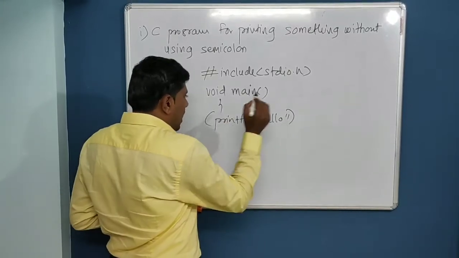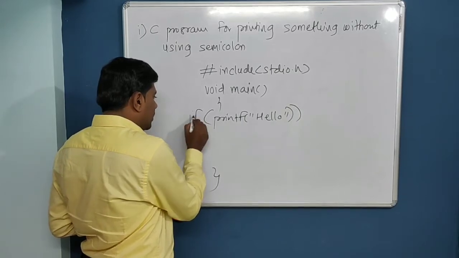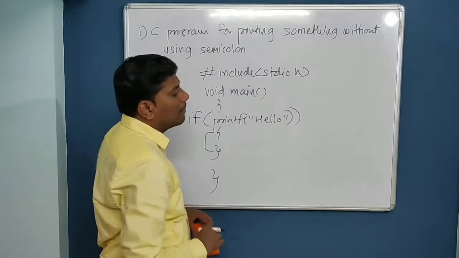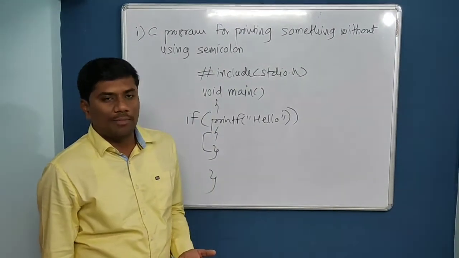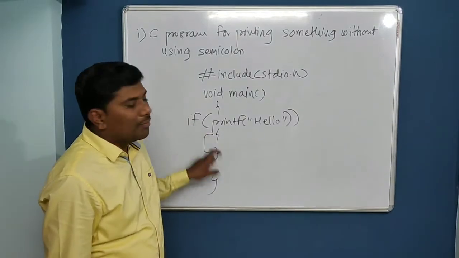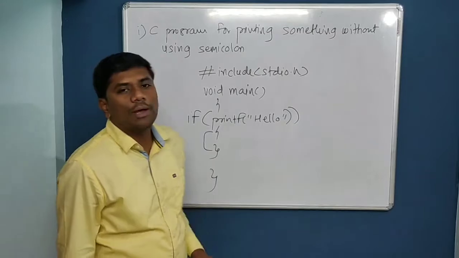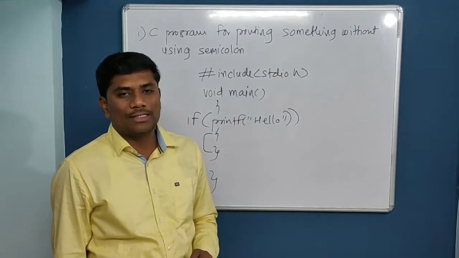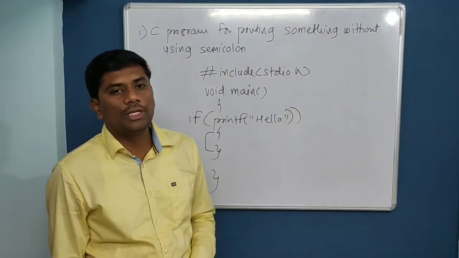I am putting this entire printf inside an if statement, and I am keeping the if body blank. If I add something in this body, then there is a semicolon. Now this program will print the hello message on the output screen, and we did not use any semicolon in this program.